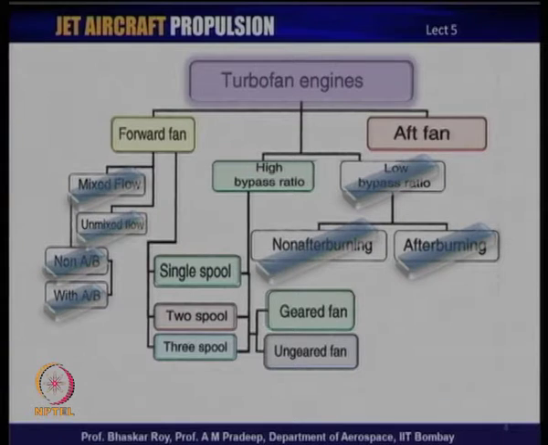Turbofans come in various shapes, sizes, and of course, various thrust categories. Now, on the left hand side again we will see a few of them which are mixed flow and unmixed flow, non afterburning and afterburning. Some of these appear on the right side also.